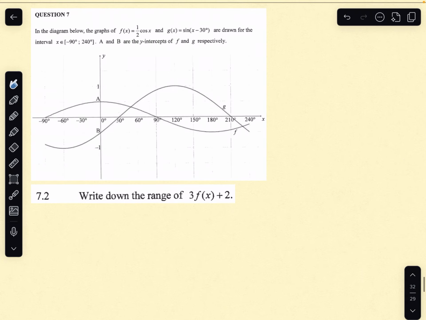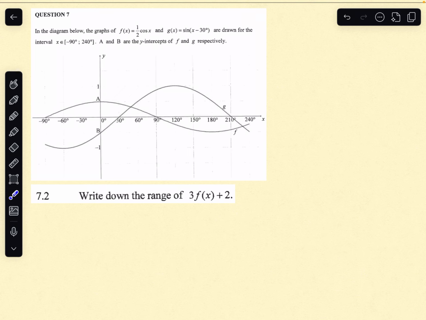Let's see what's next. Write down the range of 3 times f of x plus 2. So if we were to stretch this graph by a factor of 3 vertically and then move it up 2 units, right?